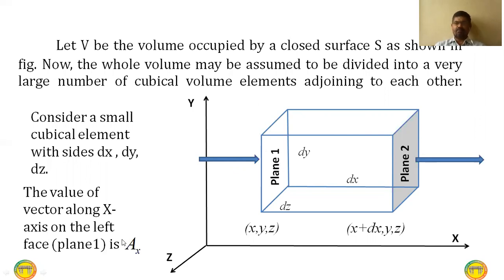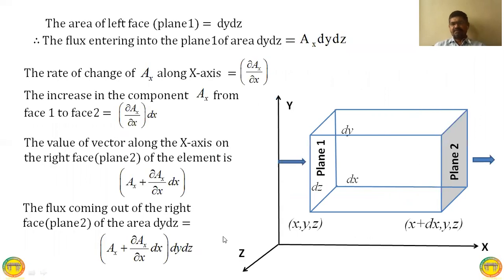Now, this vector is going from plane 1 to plane 2. Therefore, the vector field is changing. Now, we want to calculate the amount of flux entering plane 1, which is the value at plane 1 multiplied by the plane area. The value at plane 1 is Ax.